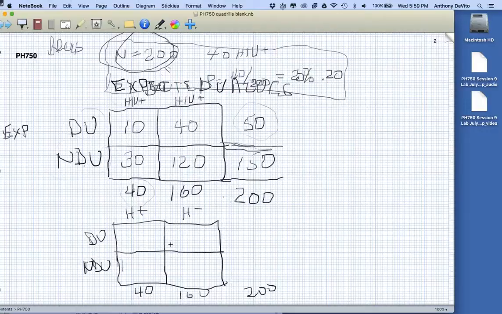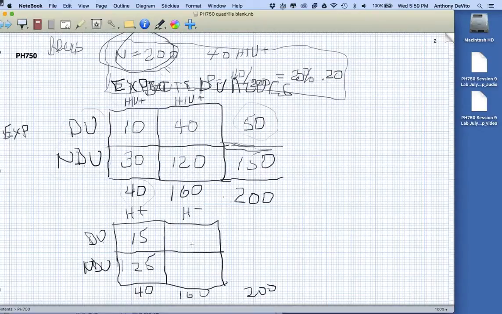So I'm looking at the papers here because I want to do it exactly the way I've done it on this PowerPoint, so that if you go back and look at it, it'll make sense to you. Okay, so as it turns out, I find that 15 of the people that were HIV positive were intravenous drug users, and that leaves 25 that were not intravenous drug users.